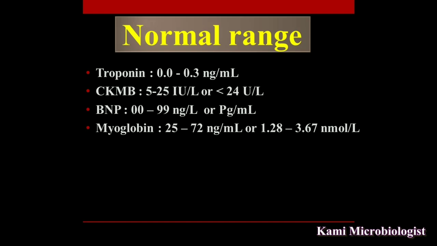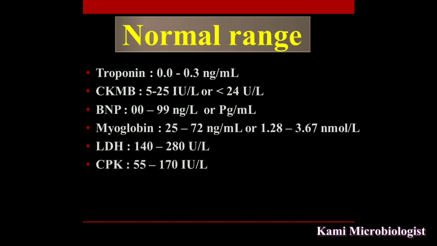Next we have myoglobin. The myoglobin normal range is 25 to 72 nanogram per ml or 1.28 to 3.67 nanomole per liter. Next we have LDH, whose normal range is 140 to 280 units per liter. In case of CPK, the normal range is 55 to 170 IU per liter. SGOT normal range is... next we have HSCRP, whose normal range is less than 1.0 milligram per liter.